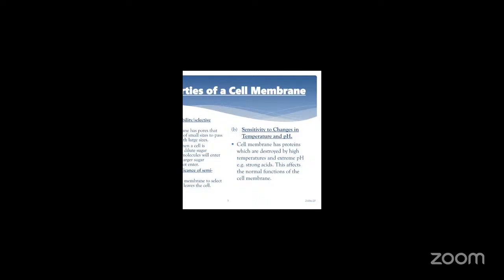So if you expose a cell to extremely strong acids, it is going to be affected in such a manner that the protein layer on that cell membrane will be denatured. Denatured means it will be destroyed. If you expose cells to very high temperatures, the protein layer and the lipid layer in the cell membrane will denature, or will destroy that cell membrane.